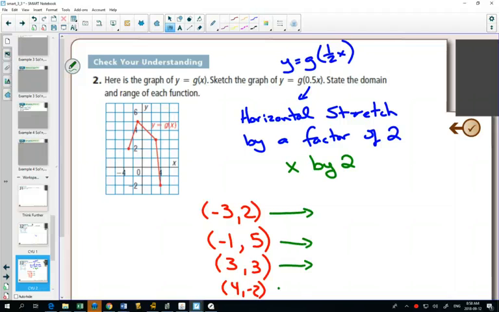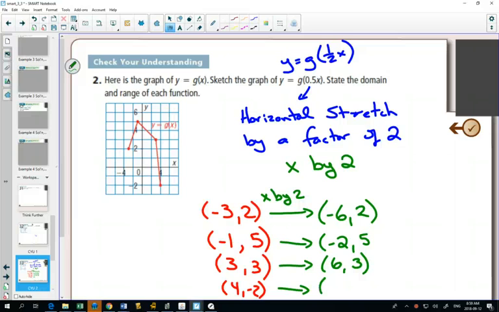Draw our arrows to show that we're going to do some work, and above that we're going to describe, we're going to multiply all of our x values by 2. Negative 6, 2, negative 2, 5, 6, 3, and 8, negative 2.